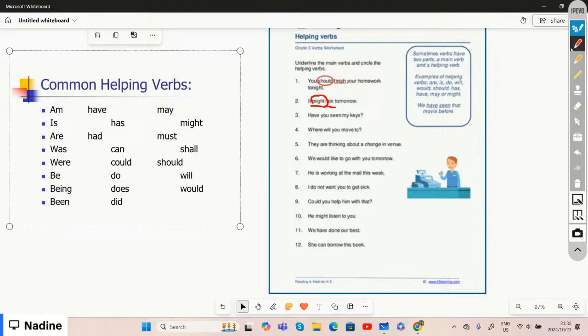So it might rain. Might is our helping verb, rain is our main verb. Yes, well done.